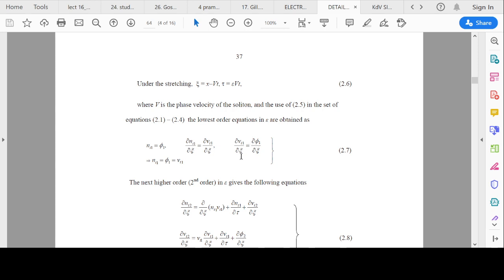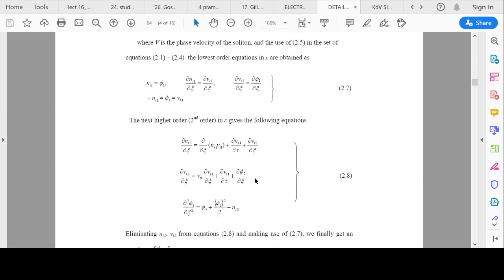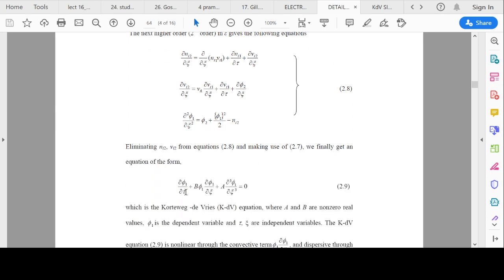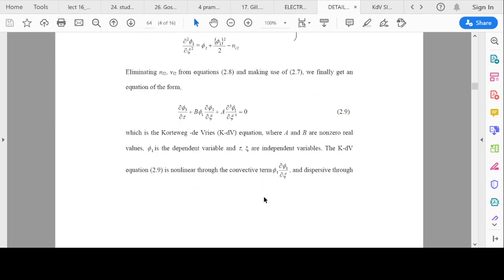From the first order momentum term, you will get a relation between velocity and potential, and in many cases you can also get a relation for density if you take the pressure term. And from the second order terms, Ni2, that is second order perturbation in density, velocity and potential, you get relations. Eliminating all those terms, you come all in terms of the first order potential, that is phi 1, and you get a KdV equation.